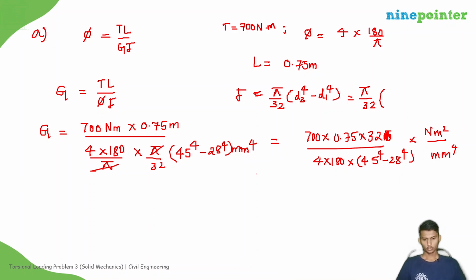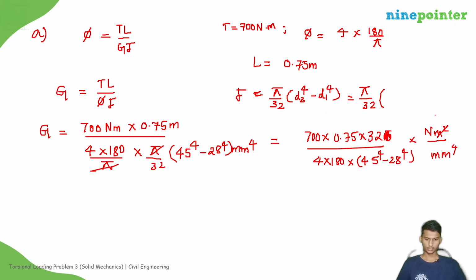Right. So let us put this value in the calculator. 700 times 0.75 times 32 divided by 4 divided by 180 divided by 45 power 4 minus 28 power 4. Okay. So see, Newton meter square divided by mm power 4, right? This is mm square.